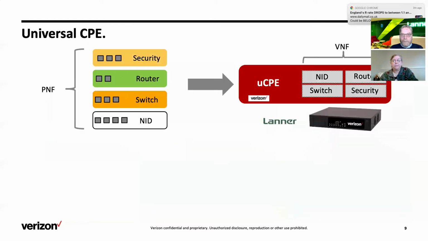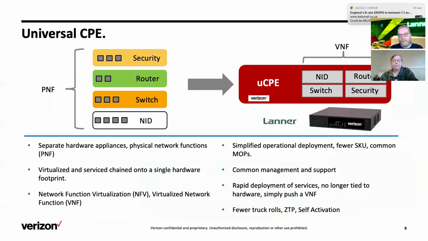So we are closely aligned with Verizon, and ultimately we are the engine behind the virtual network services, meaning we are the four wheels providing the services to the customer.